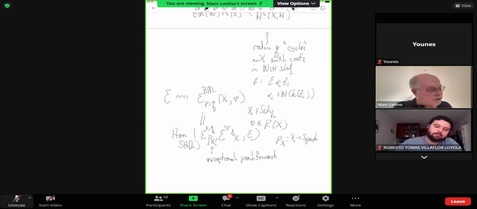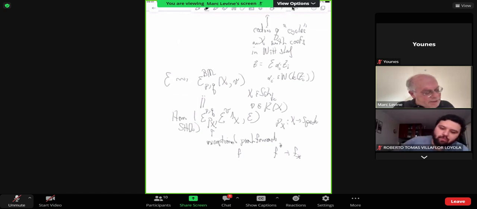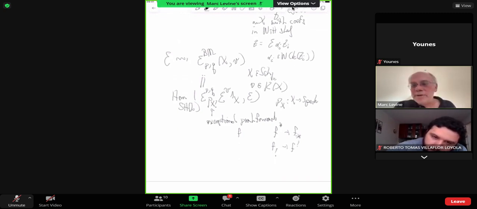Since I don't have too much time, let me just mention, if you have any map f, then you have a pair of adjoint functors. You have the usual f upper star, which is left adjoint to f lower star. And then you have the exceptional pair, where f lower shriek is left adjoint to f upper shriek.